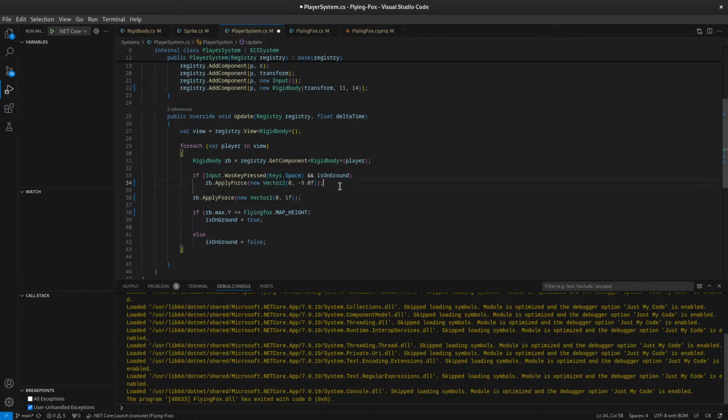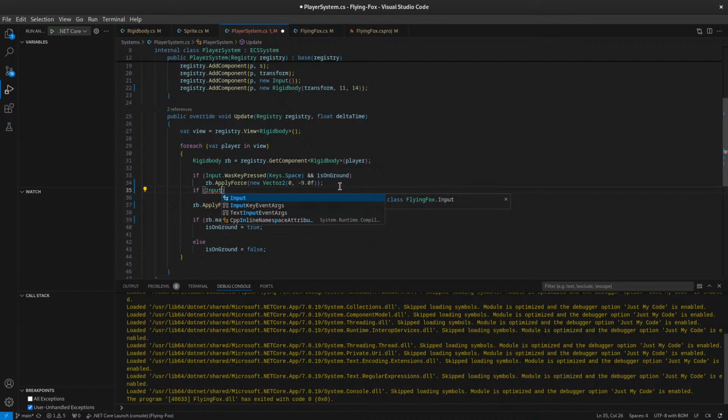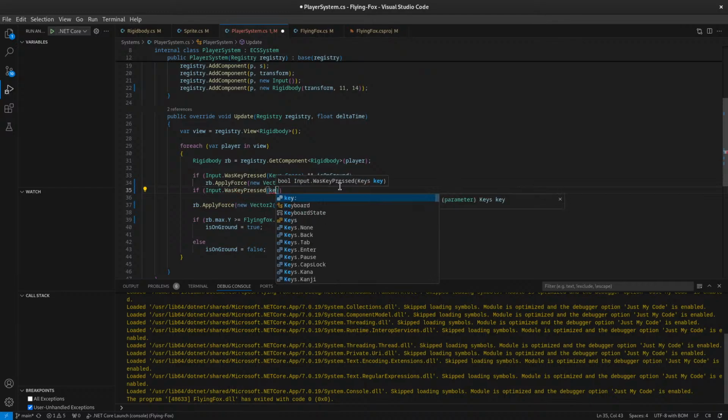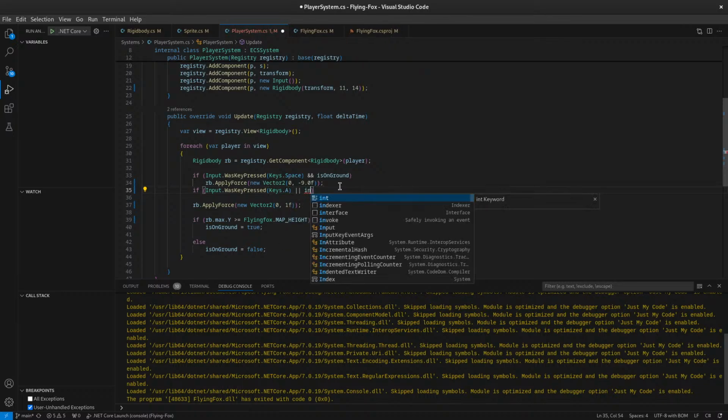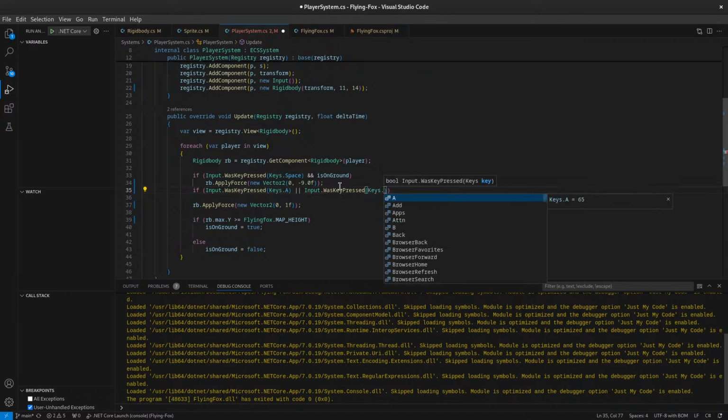So let's add movement. I mean left to right movement. We can just check if the player presses A or D and move them respectively. So was key pressed, keys.A. Let's add this just to be fancy. Or input.was key pressed, and this is keys dot, I think it's right.